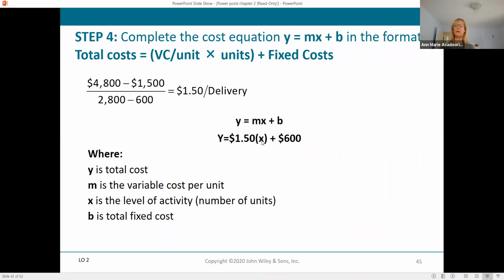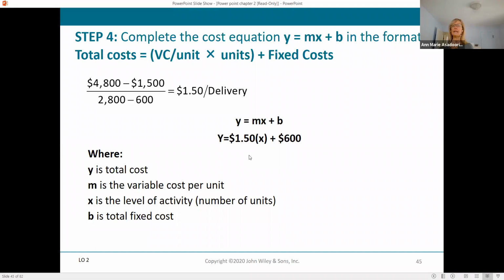The variable portion is $1.50 for every delivery being made. And I also know now that regardless of the deliveries that are being made, $600 is the fixed portion that is happening every single month. A mixed cost has both the fixed and the variable portion. We are saying that our delivery cost is going to behave like this straight line.